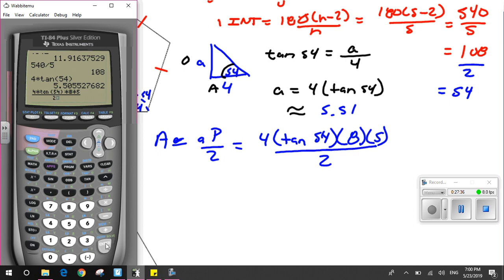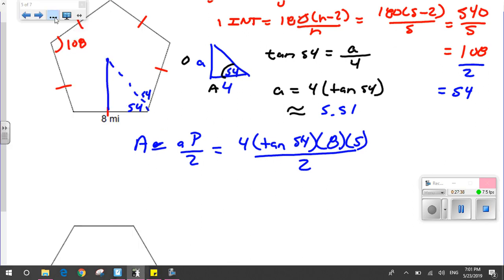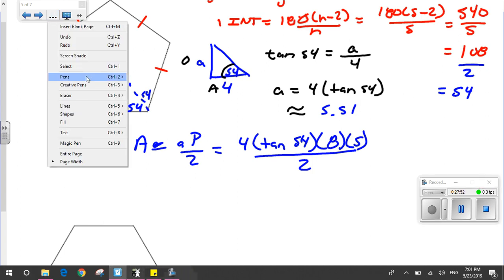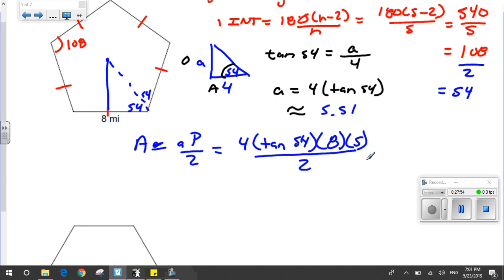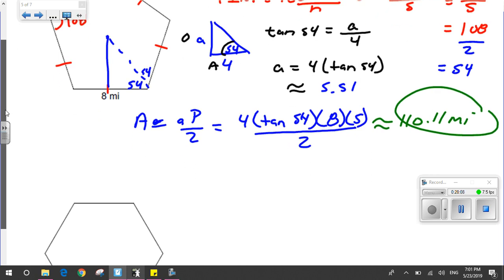And the final best answer for my area is 110.11 miles. It's best not to round to the very last possible step. So that's why I was saying using the 4 tan 54 was better.